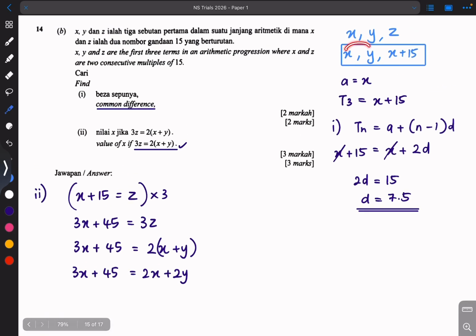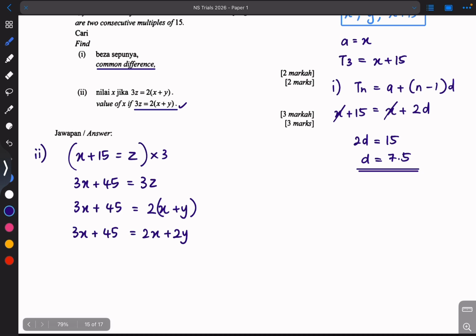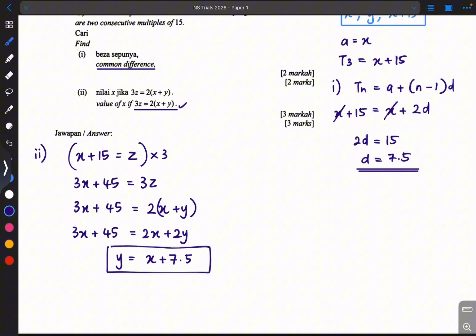Just now, we already found the difference, 7.5, right? That means y would be x plus 7.5. Then plus another 7.5, you get this. So you can say y is x plus 7.5.